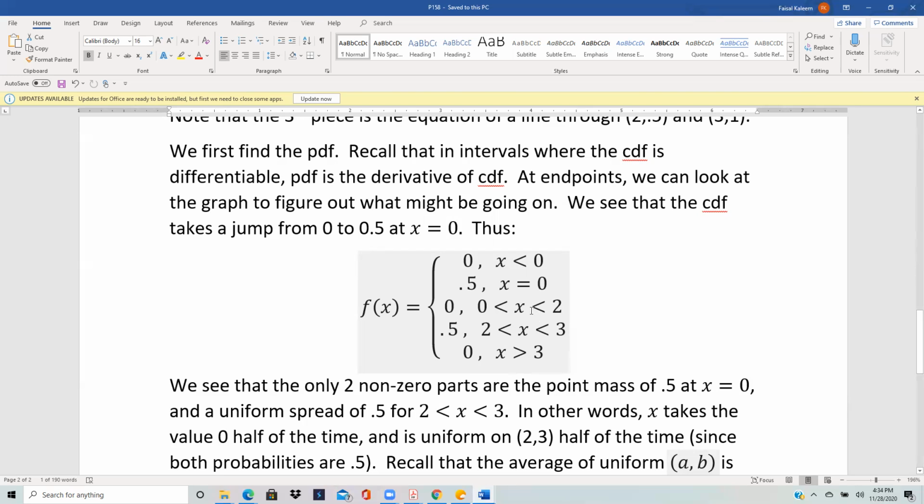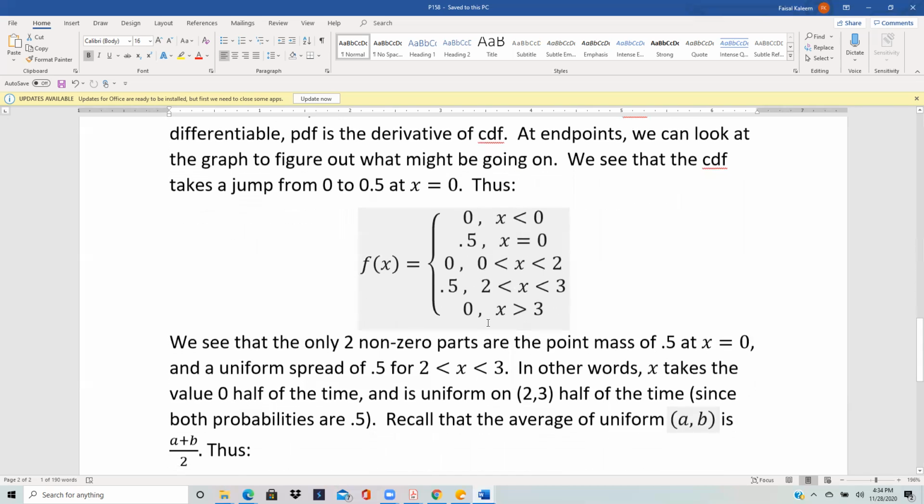So the point 2 is not contributing anything because there was no jump at 2. Similarly, the point 3 doesn't contribute anything because there was no jump at 3. It was only the 0 which contributed a whole lot because there was that big jump from 0 to 0.5. So it means that 0.5 was contributed by 0.